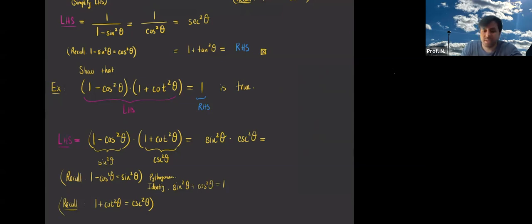Well, remember, what is cosecant squared? It's 1 over sine squared. So sine squared and sine squared cancel, and I'm left with what? 1. And what is 1? 1 was the right-hand side.